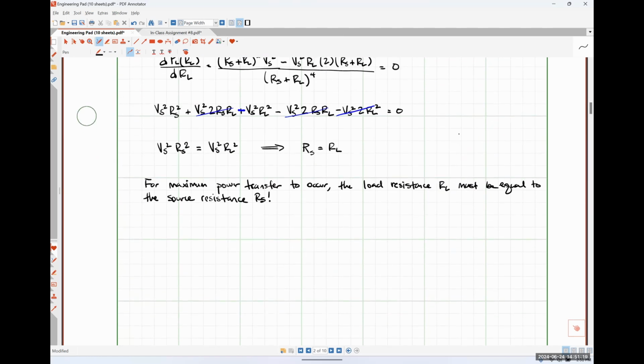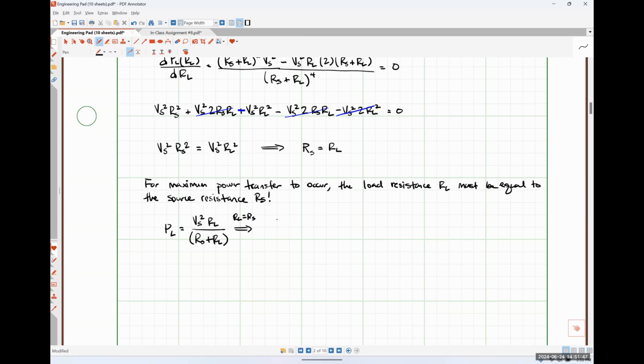All right. So if we look at our power relationship, then PL is going to be equal to VS squared times RL over RS plus RL squared, when RL is equal to RS.